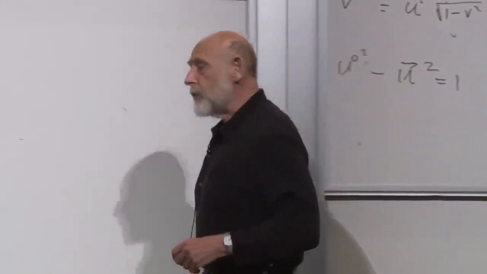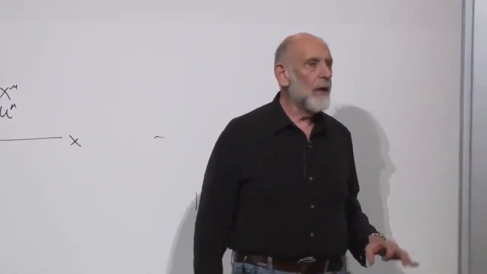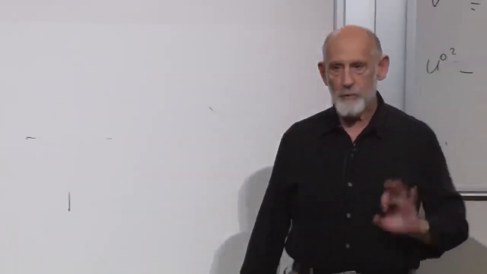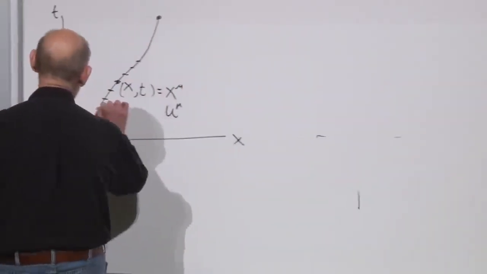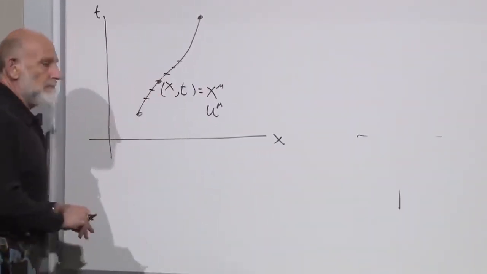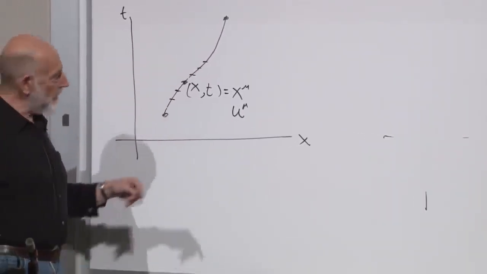We would like the action to be something which is the same in every reference frame. The action should be invariant. And the other thing we've learned from experience is that the action should be built up incrementally as a sum over the trajectory of little infinitesimal pieces.